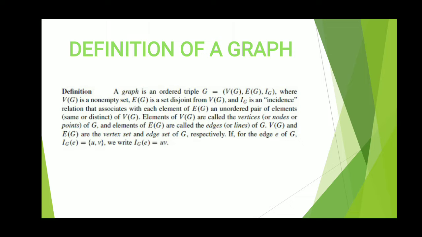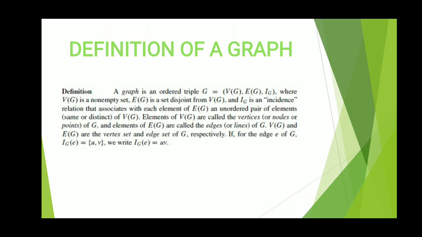Next is the incidence function. There are vertices in a graph. Which two of the vertices are connected by the edge E? This relation is given by the incidence relation.